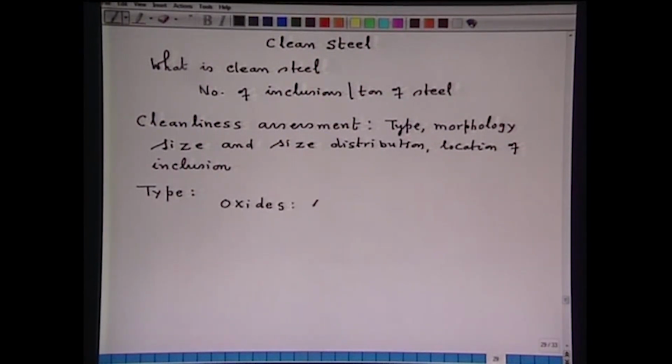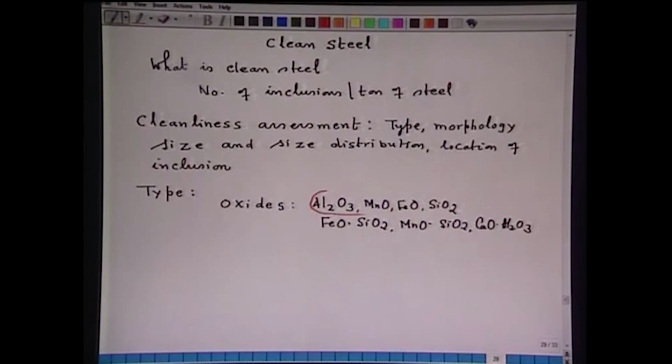For example, Al2O3, MnO, FeO, SiO2, or for example, we may have FeO, SiO2, then MnO, SiO2, or CaO, Al2O3.